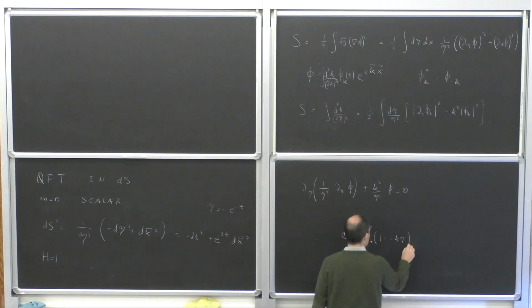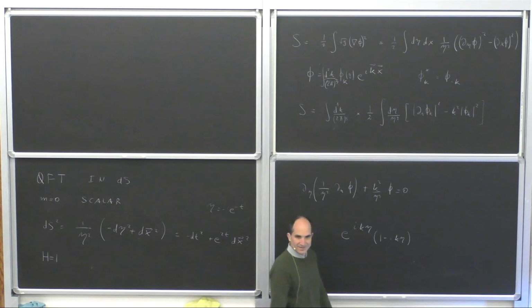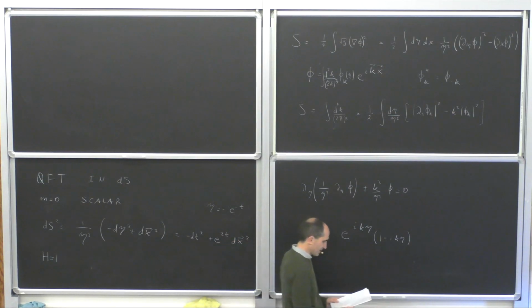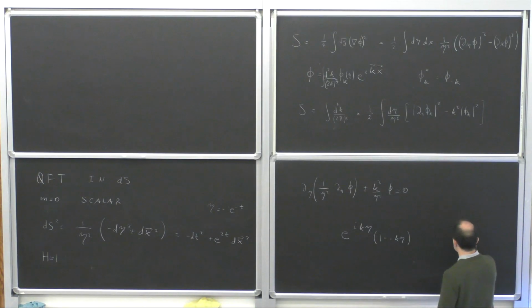But there is this other factor. One can check that this is a solution of this equation. It's relatively simple. We can have this solution, and we can also have its complex conjugate, so e to the minus i k eta times (1 plus i k eta).